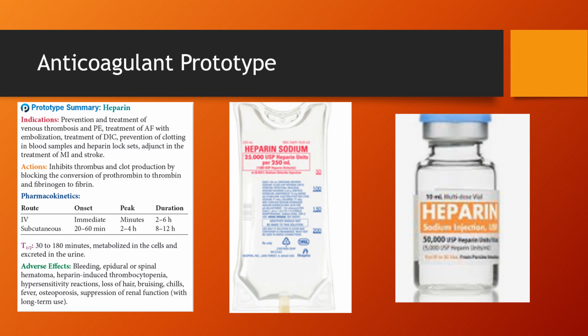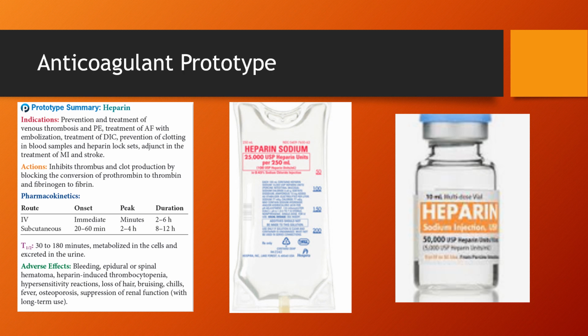So it's indicated to prevent and treat venous thrombus, or DVT and PE, treatment of AFib with embolization, treatment of DIC, prevention of clotting in blood samples, and heparin lock sets, and it is an adjunct in the treatment of MI and stroke.